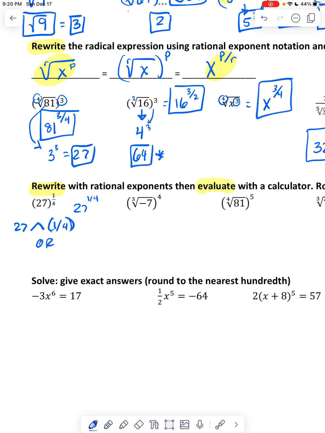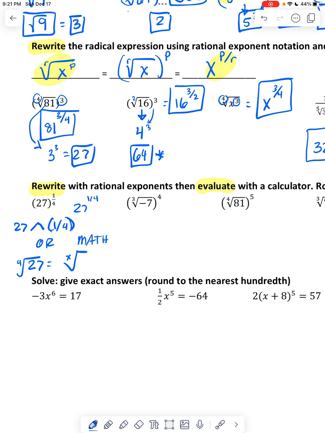Or you can rewrite it and say, hey, 27, I have a 1st power and a 4th root. And what you want to look for, and if you have a graphing calculator, you're looking for it under the math key. If you don't, you're just going to have to dig around and look on your calculator to see where this is, that it allows you to put in whatever index you want.